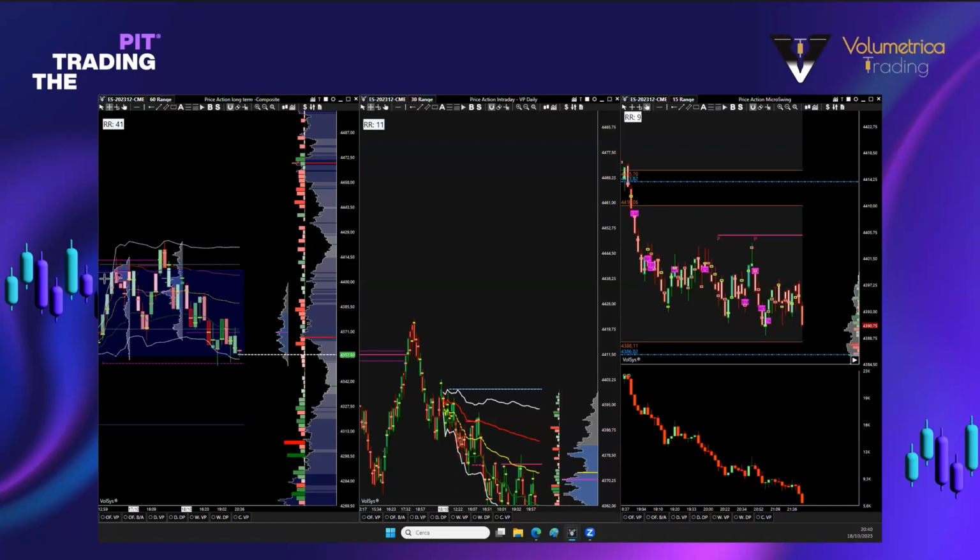That's clearly an area where lots of sellers or buyers were very active, and they had a lot of conviction of bringing price higher or lower, depending on whether we are talking about aggressive buyers or sellers. So that's a support, yeah.